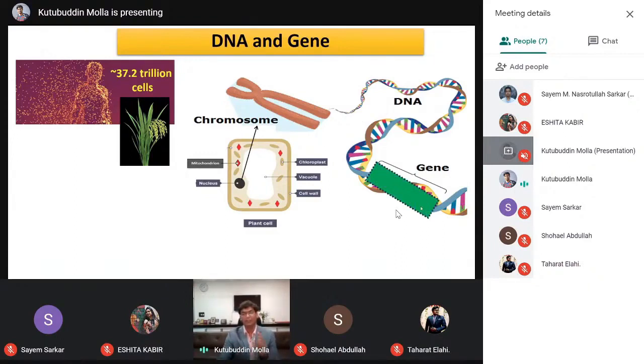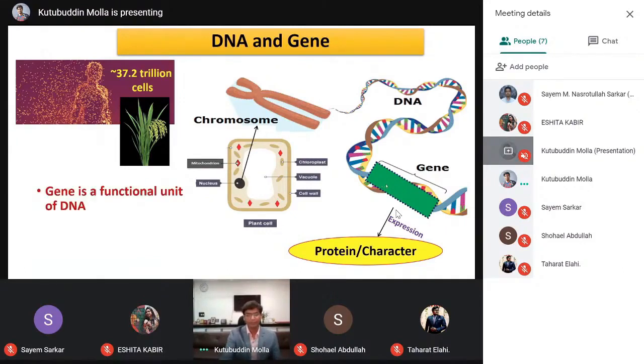This portion is the functional unit of that long DNA, and it is called a gene, because when this gene expresses, it produces a protein, and this protein governs a character, directly or indirectly. So one gene, one protein, and then one character.